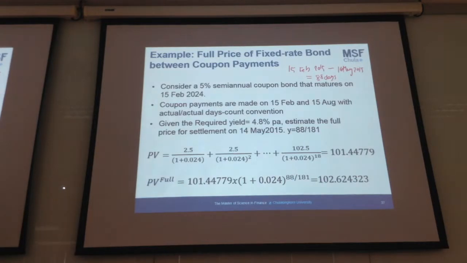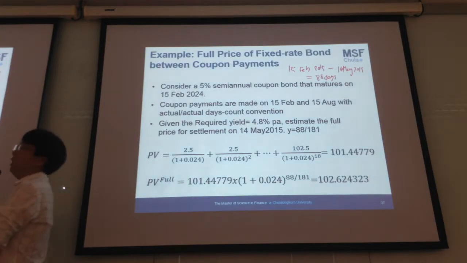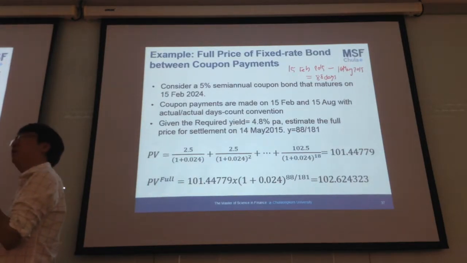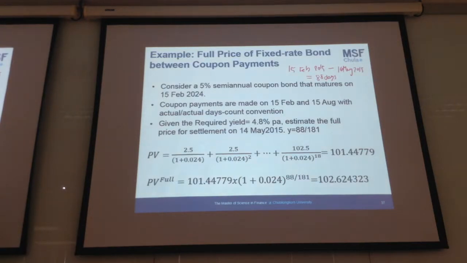So in this case, suppose that we price the bond as if we were at 15 February 2015. The price will be equal to this one; this is the bond price at 15 February 2015. However, we want to get the price at 14 of May 2015, so we have to multiply by 1 plus the yield per 6 months.